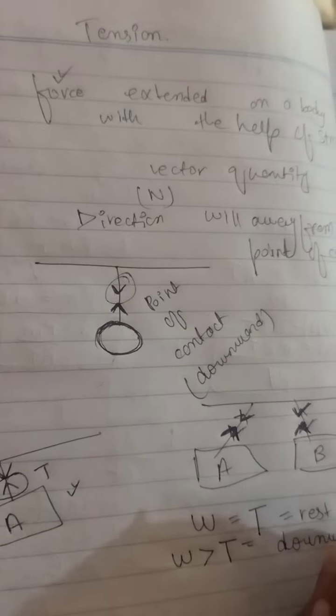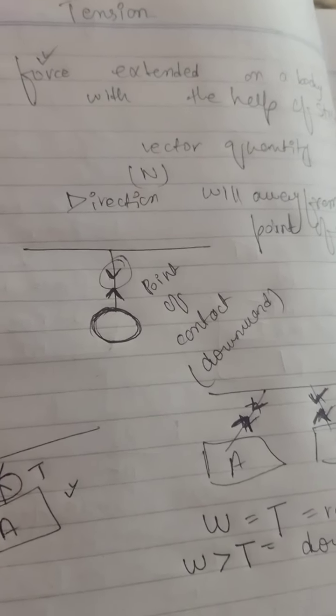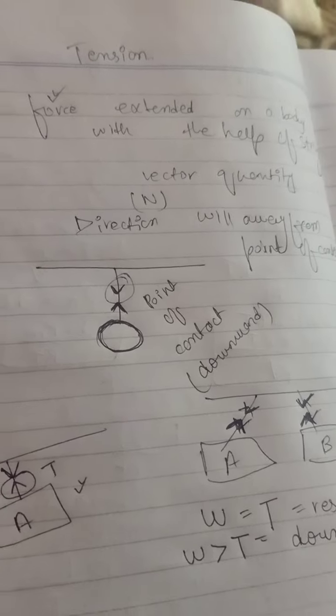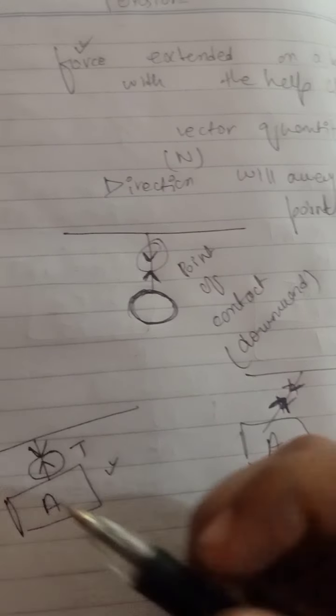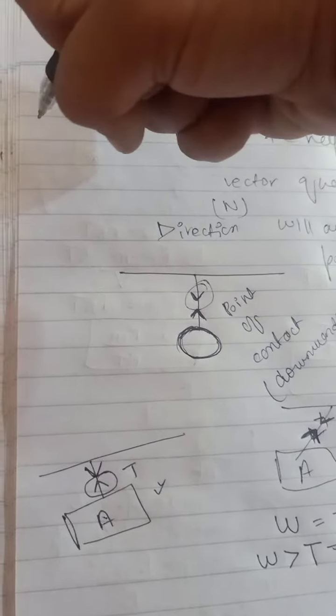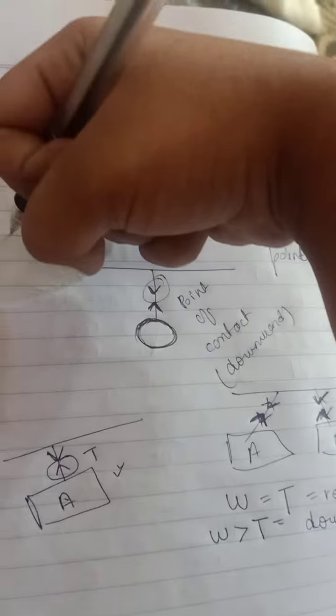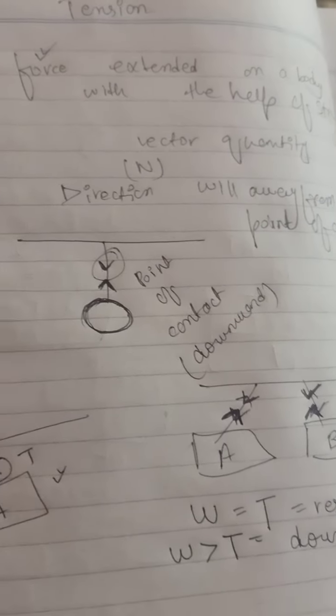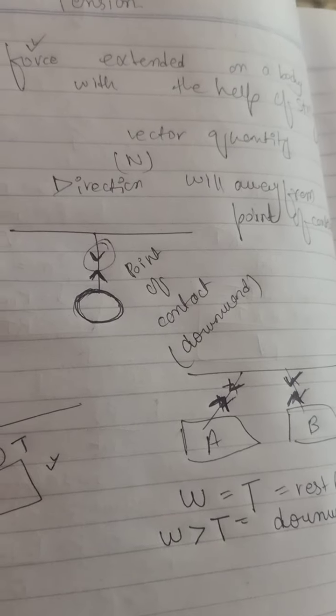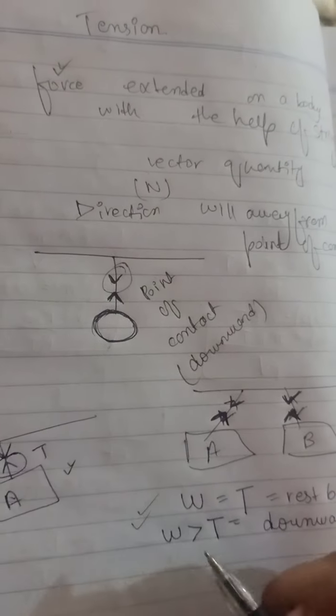Because the weight of this body is less and the force of the tension on this body is more, so the body will move, because the body has less weight.